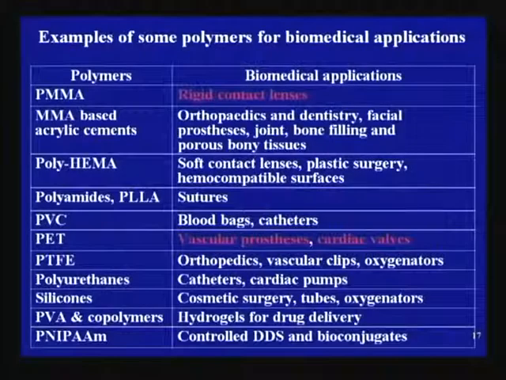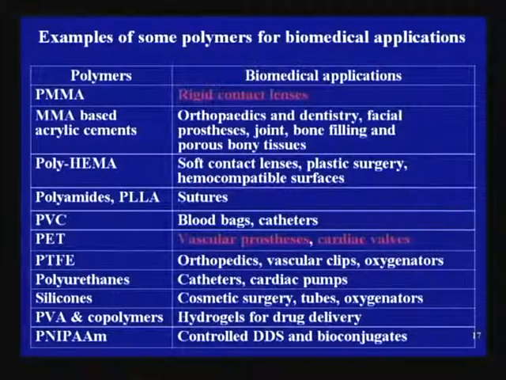Silicones, silicone is an inert material, silicone rubber. That silicone is used for making cosmetic surgery, say breast implant, or nose replacement, nose surgery, or finger joint, artificial fingers. These are made from these silicones. Okay.